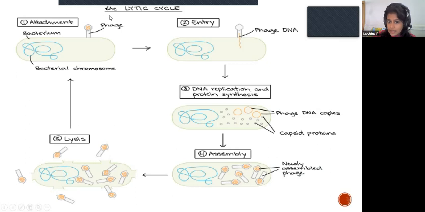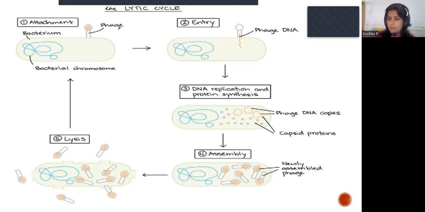That stage is called entry. The next stage, the third stage, is called DNA replication and protein synthesis, where this phage DNA, that is the bacteriophage DNA, enters inside the host cell, that is a bacterial cell, and starts replicating.